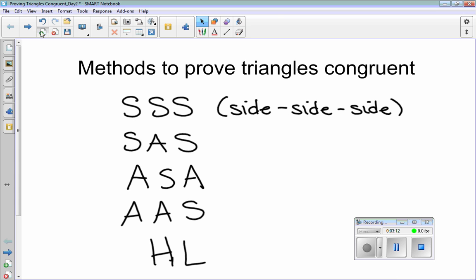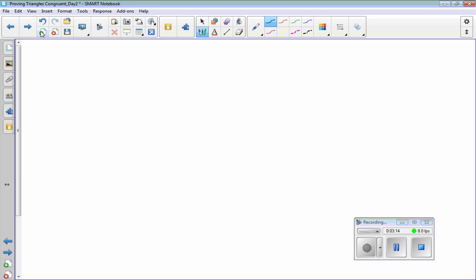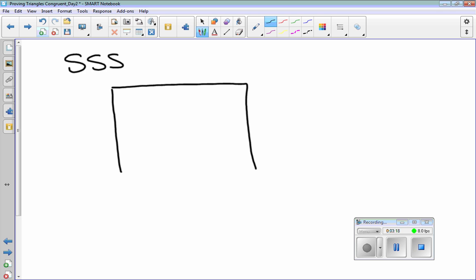Let's start with side, side, side. Side, side, side is going to be this picture. So please include this picture on the bottom part of what you have.